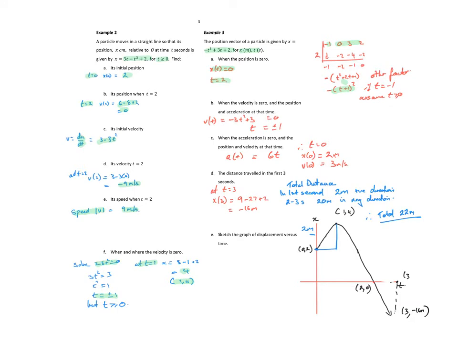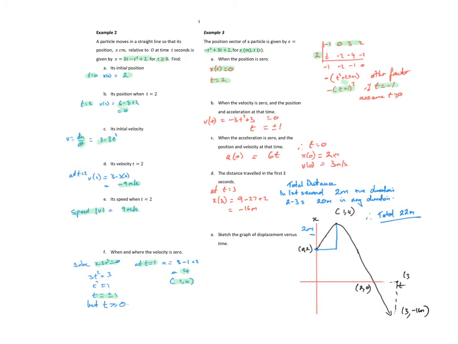We can guess and check to get t equal to 2, but the other solution at t equal to negative 1 doesn't make sense, as t is greater than 0. So it's only at t equal to 2 that we have the particle back at the origin.